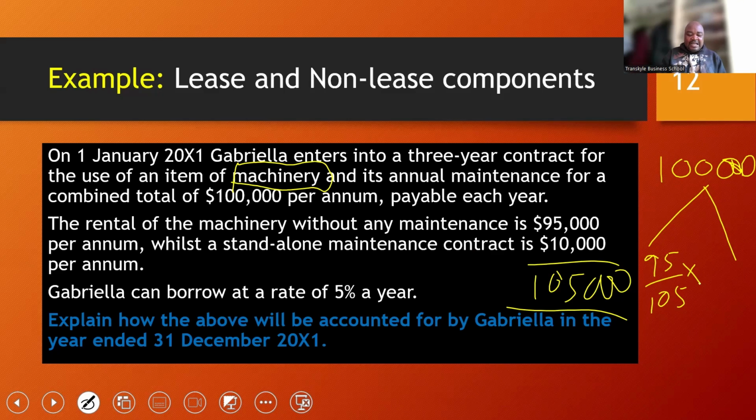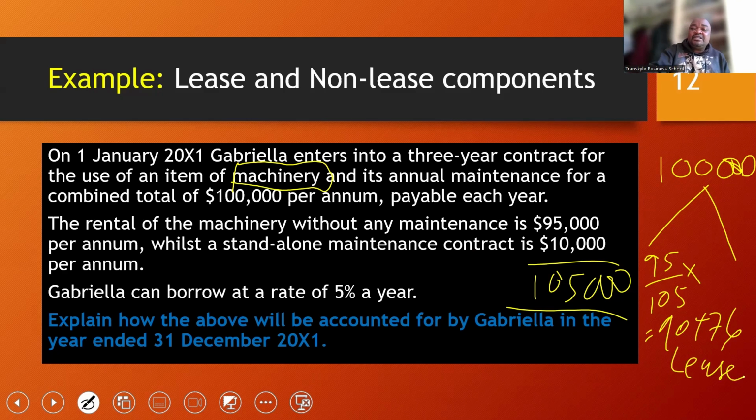We come to 90,476. That is the amount for the lease component. What about the other item, that is maintenance? This one is the lease portion.